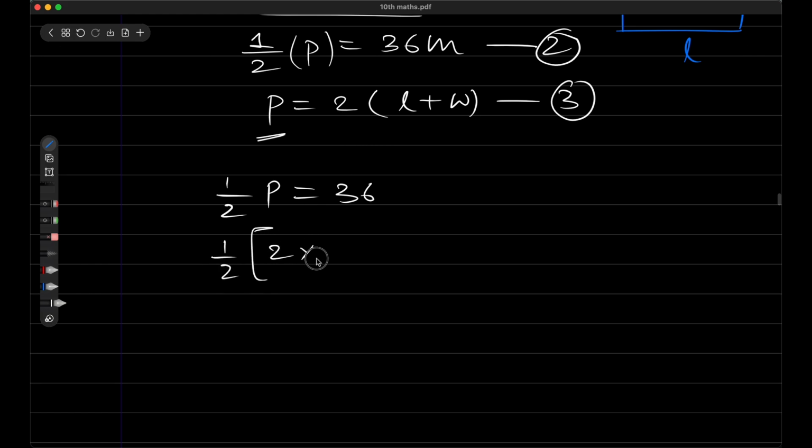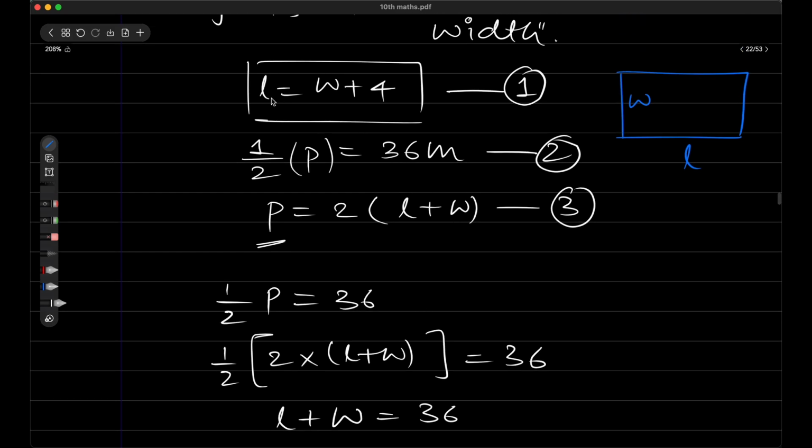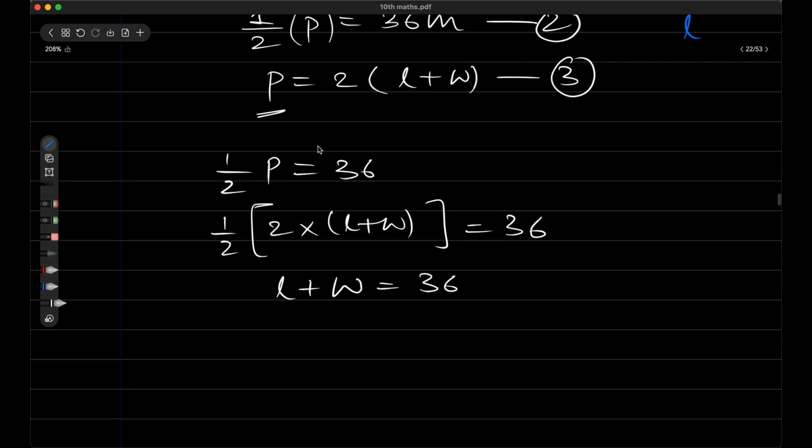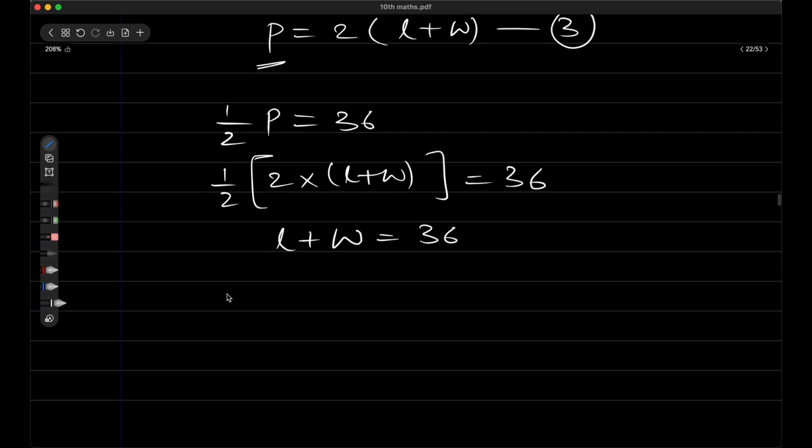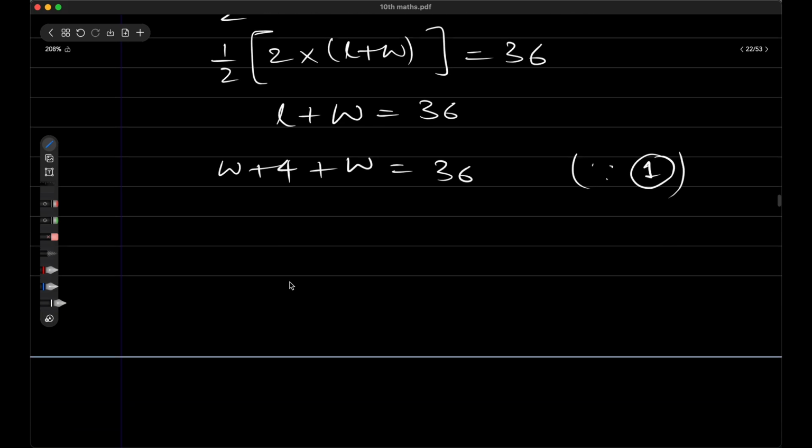Half of 2 into L plus W equals to 36. 2 will get cancelled. Length plus width equals to 36. Now from equation 1 we have length equals to width plus 4. We can put L equals to W plus 4, so W plus 4 plus W equals to 36 because of equation 1.